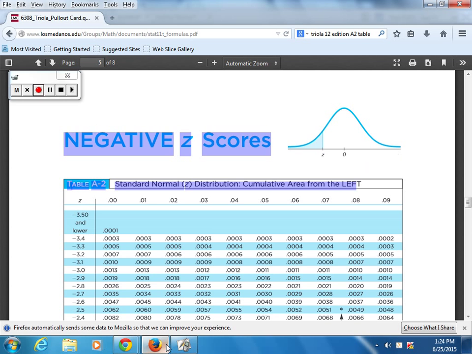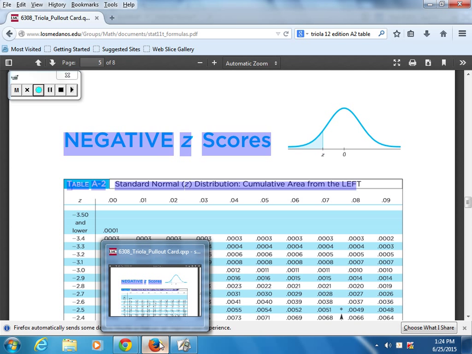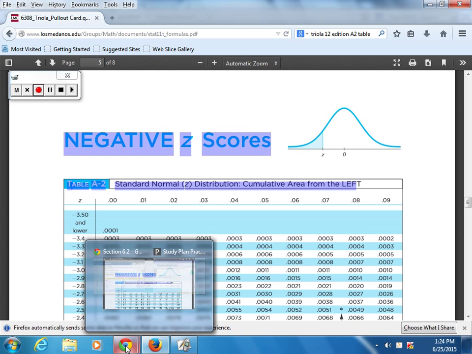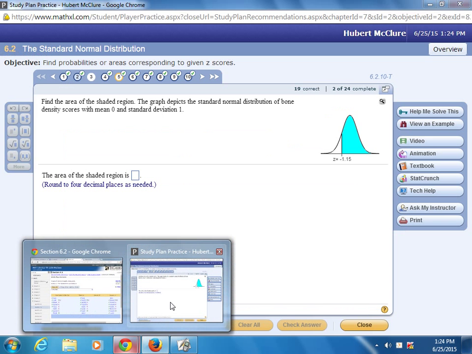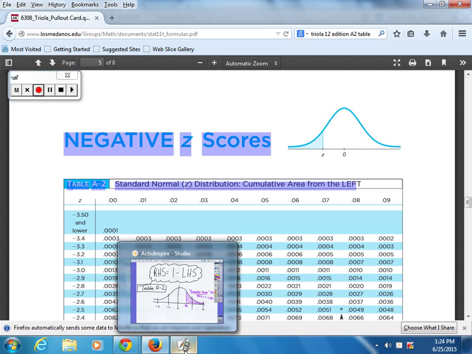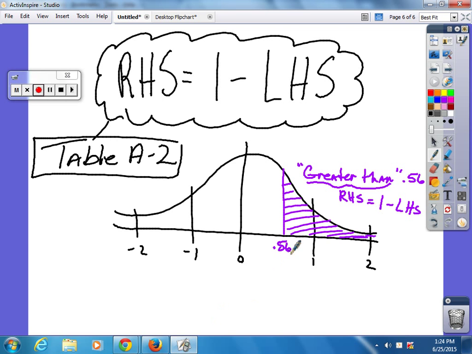Unless you look up the opposite z-score. And then you could cheat doing that, but we don't teach people to do that. Okay? So, in our problem that we're doing, we got 0.56. What is 0.56? Well, it's 2 decimal places, so therefore it's a z-score.